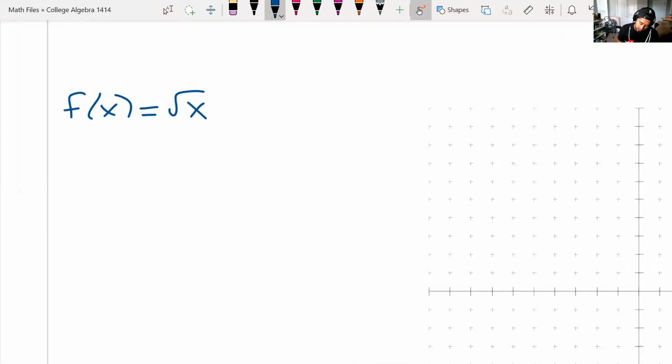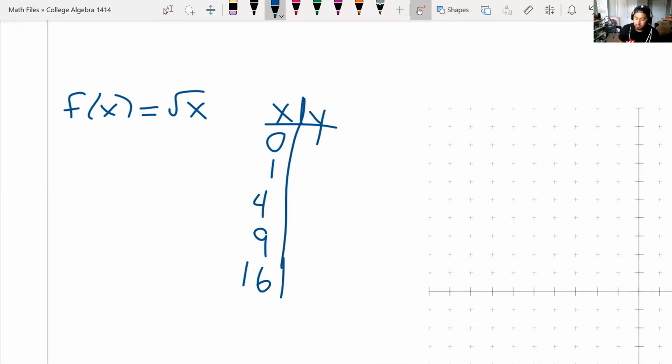And then I'll put my xy chart here and just pick points. So we're taking the square root. We know we can't have any negative. And since it's a square root, we're going to want to pick perfect squares. So 0, 1, 4, 9, 16. I could keep going, but we want to know what's going to fit in our graph.